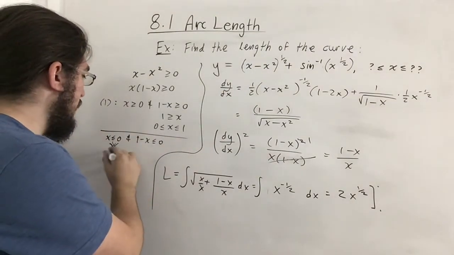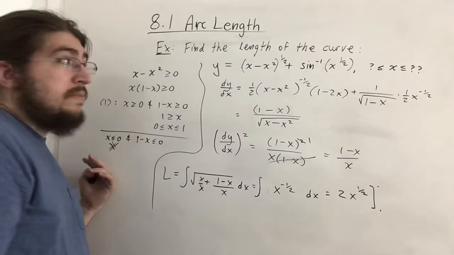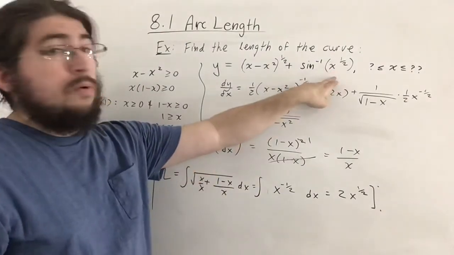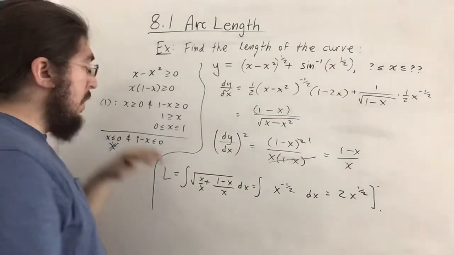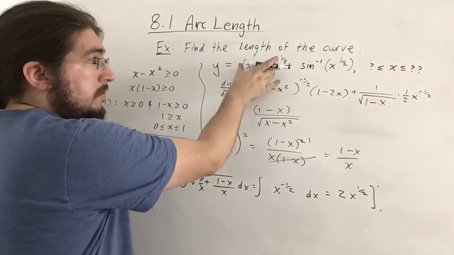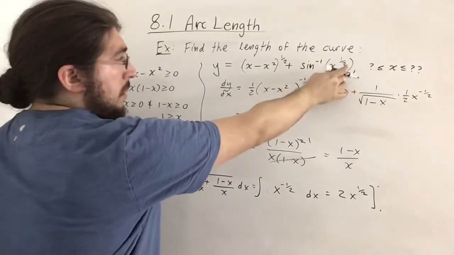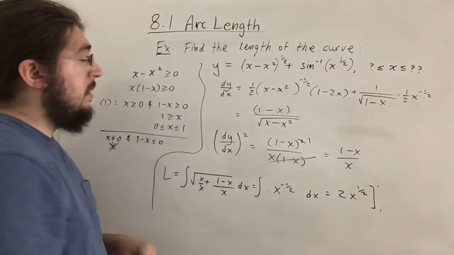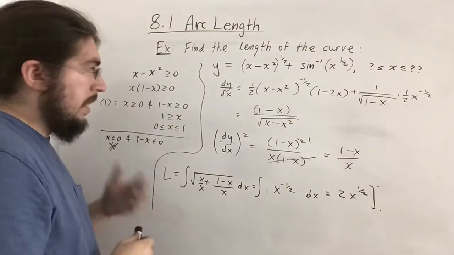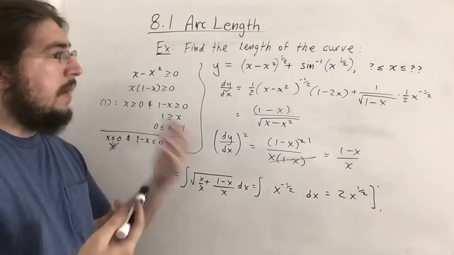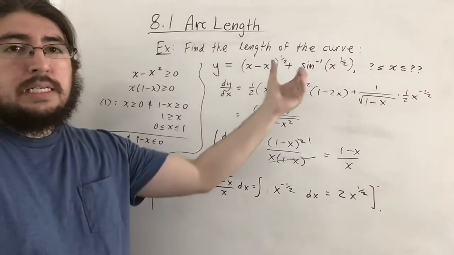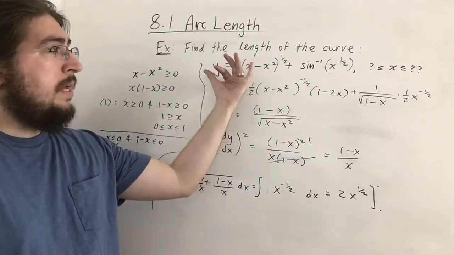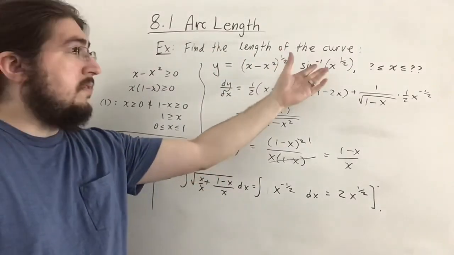And the reason why this never happens is because if x is negative, then we'll have a negative inside the square root from the sine inverse part. So that would be okay as far as this guy goes, but then if you kind of consider what has to be the case here, then we're kind of screwed as far as that goes. So what I'm doing is I'm looking at these two separate pieces, seeing what x can be for one of them, and verifying that can be the case for the other one.